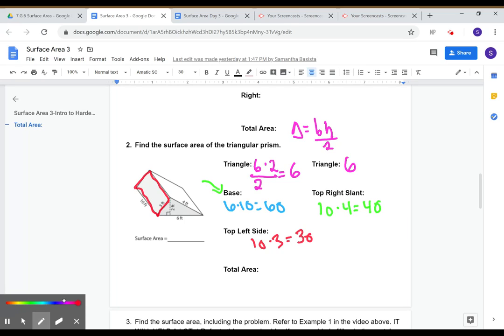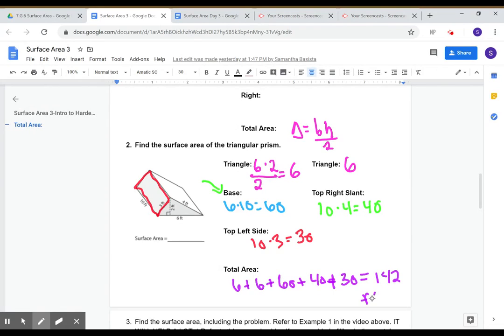So my final step is to add up all my numbers: 6 plus 6 plus 60, 40, and 30. If I add those all up, I should get 142 feet squared.